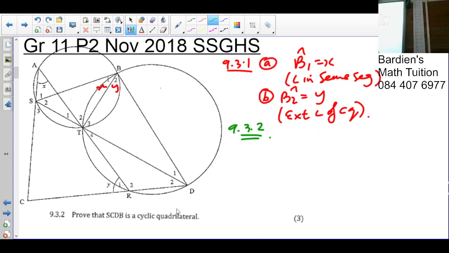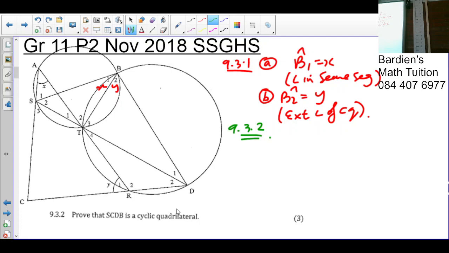Right, so we're going to try and prove S1. S1 is the same as T2, those angles in the same segment. T2 is also equal to P2, which is your y, and D1.